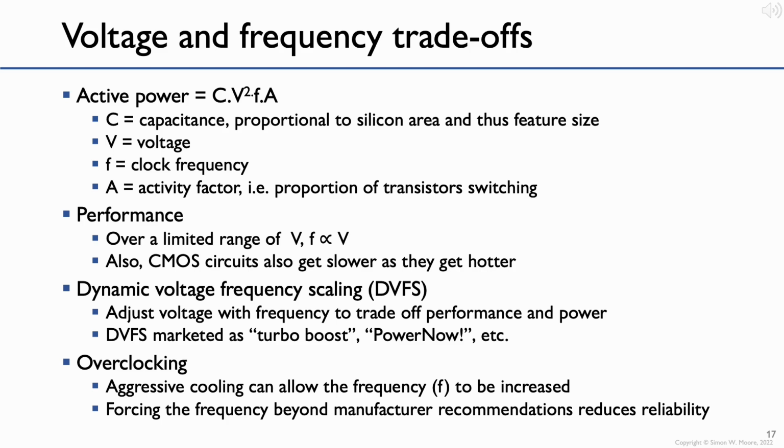The flip side is that if we push the voltage up, we can increase the clock frequency and make it go faster, but we're going to consume an awful lot more power. And there's a really interesting trade-off there, particularly as CMOS circuits get slower as they get hotter. So we push the voltage up, the device will work faster, but then it's going to start getting hotter, and then it will stop operating correctly unless we start reducing the voltage.